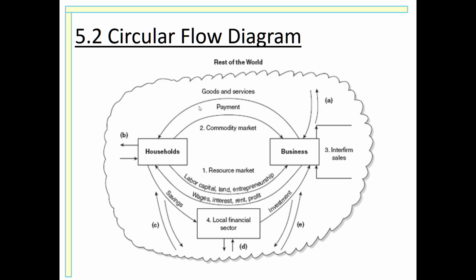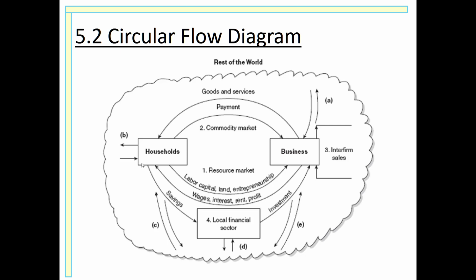Now sometimes there's an outflow of money, shrinking the flow of money in the region. For instance, when businesses buy inputs from a non-resident, the money will leave the circular flow to go to another circular flow of another region.